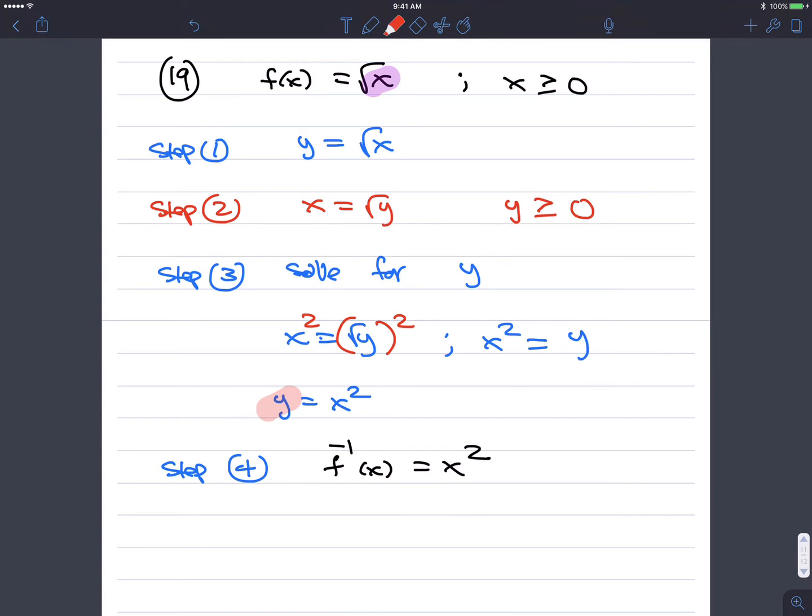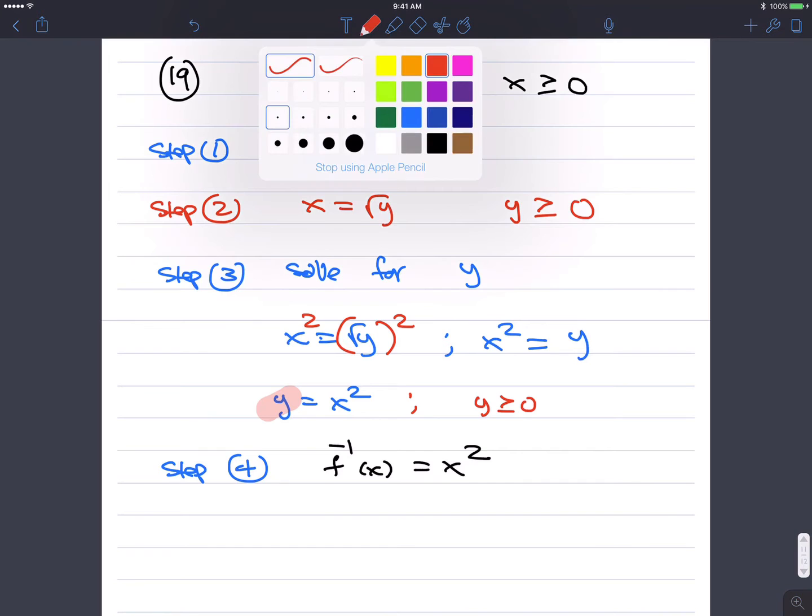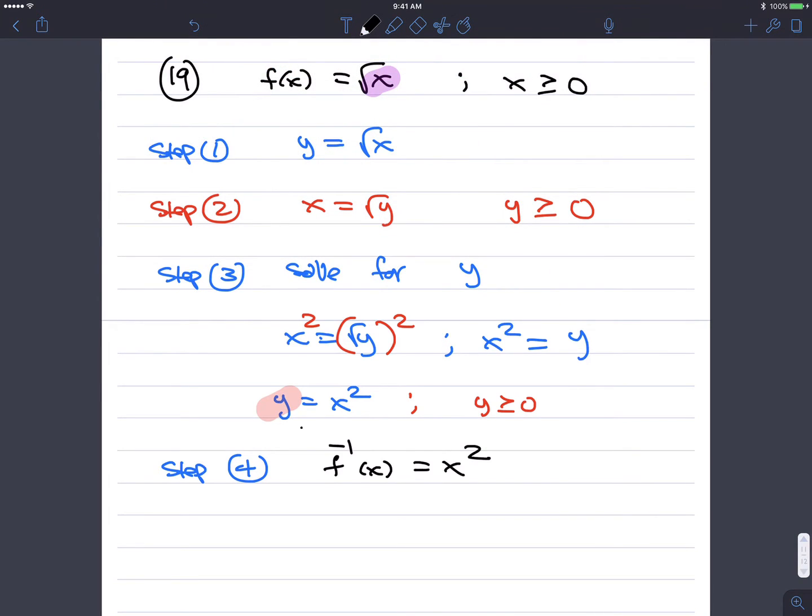So in other words, that's the same y. You're dealing with a portion of the parabola. I want you guys to think about this. You found the inverse function. Okay. This is positive.